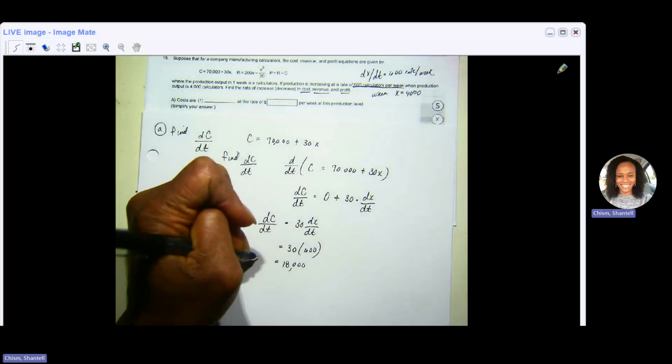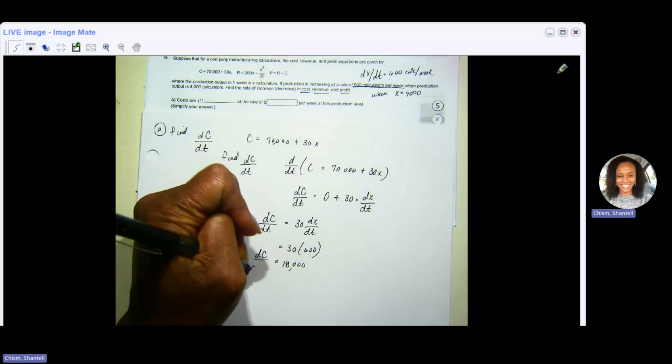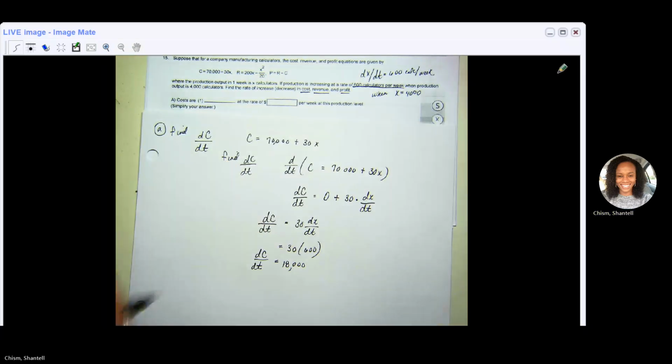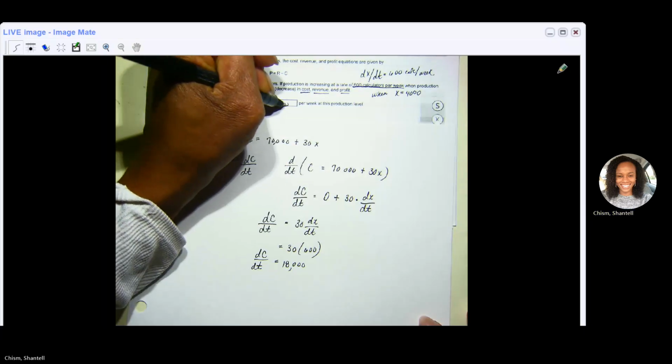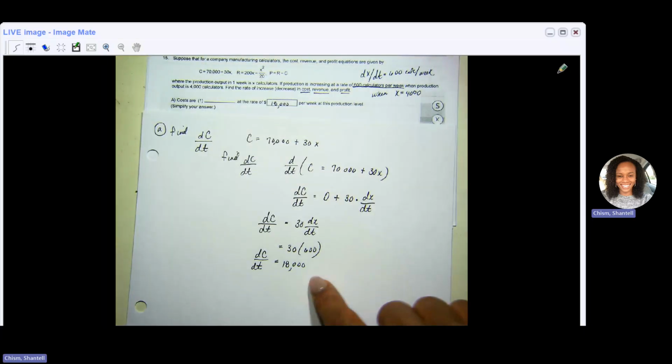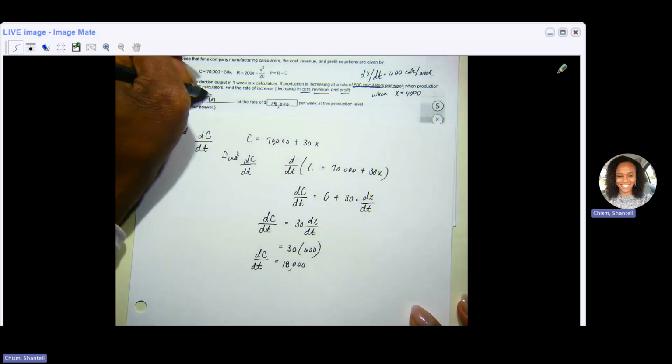Okay, that is the rate of change of the cost, I should say. So part A says costs are blank at the rate of 18,000 per week. This is positive, so we say increasing.